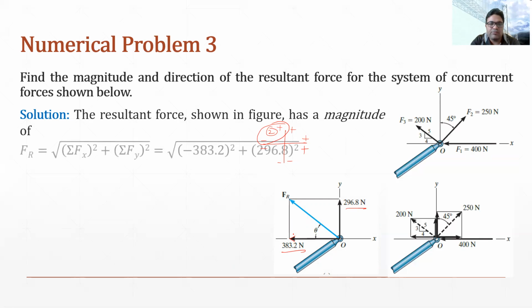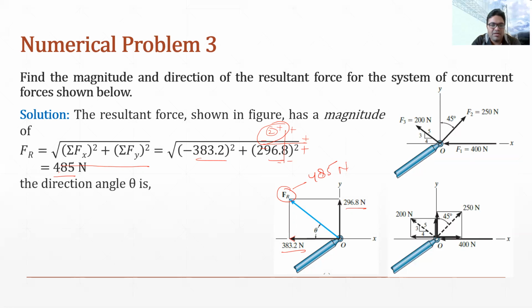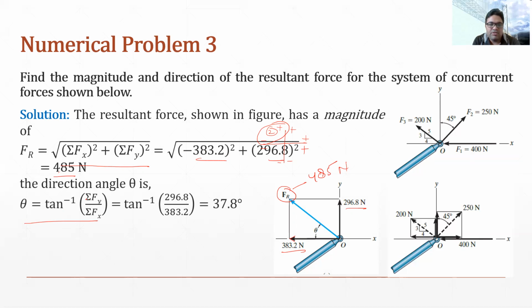Both of them can be calculated using the formula Fr equals under root of summation Fx squared plus summation Fy squared. Putting all the values, the magnitude of this Fr is 485 Newton. And theta is calculated using tan inverse of summation Fy over summation Fx. The value of summation of Fy is 296, the value of Fx is 383.